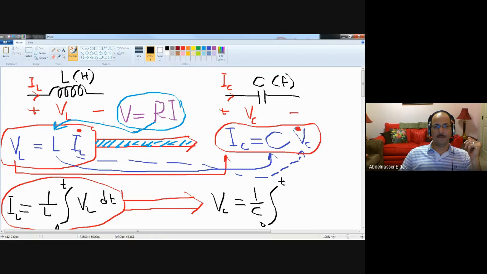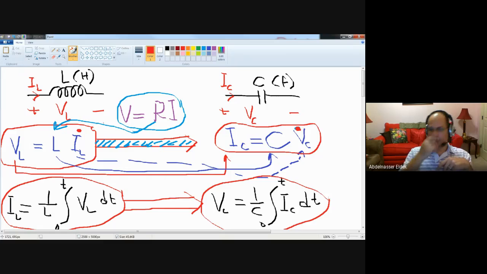And then instead of VL will be IC dt. So this is the integral relation for the capacitor, which is very similar to the inductor, but just opposite.